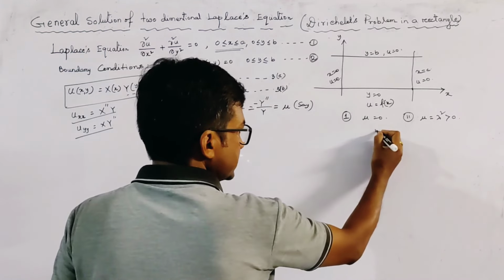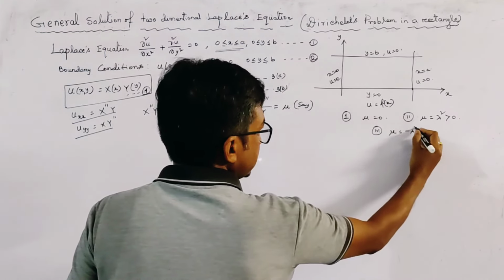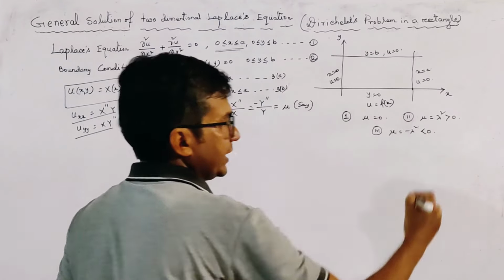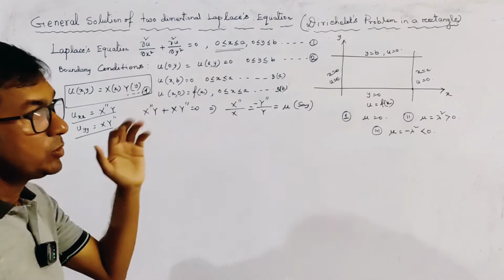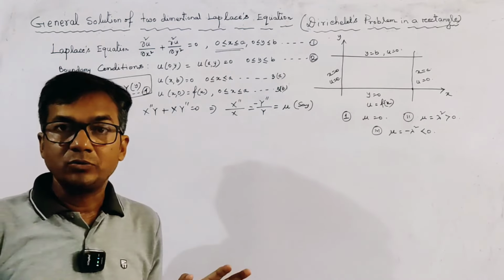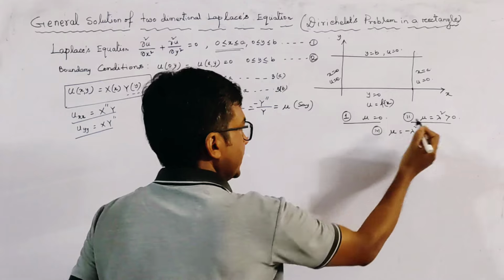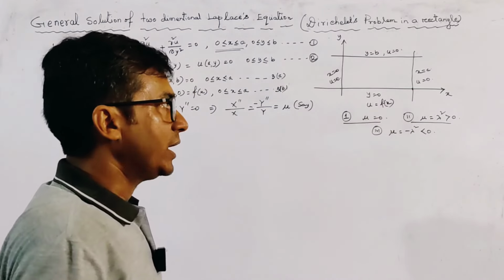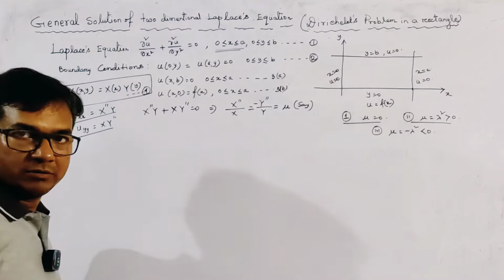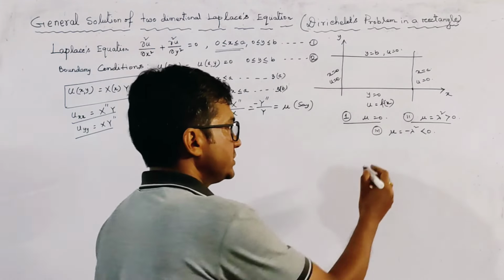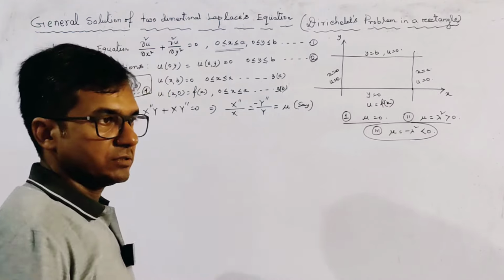And in the third case μ = −λ², which is negative. As with the wave equation and heat equation, for the first two cases, if we take μ equal to 0 and μ equal to λ², the solutions are trivial. So here we consider only case 3 for the non-trivial solution.